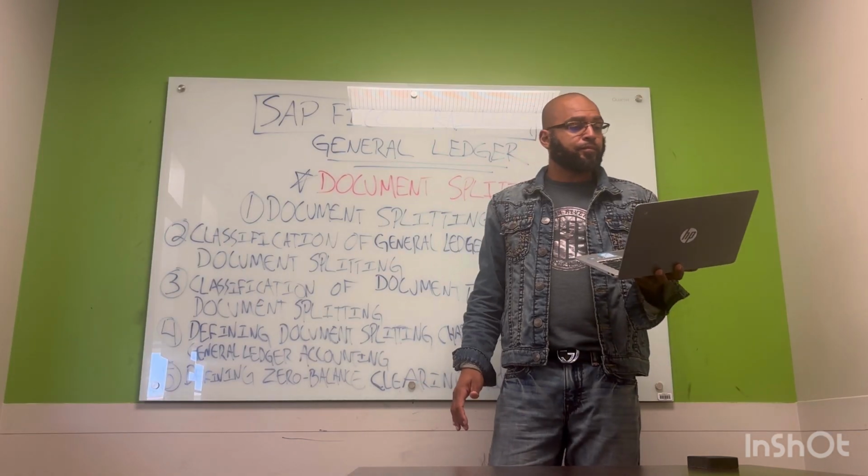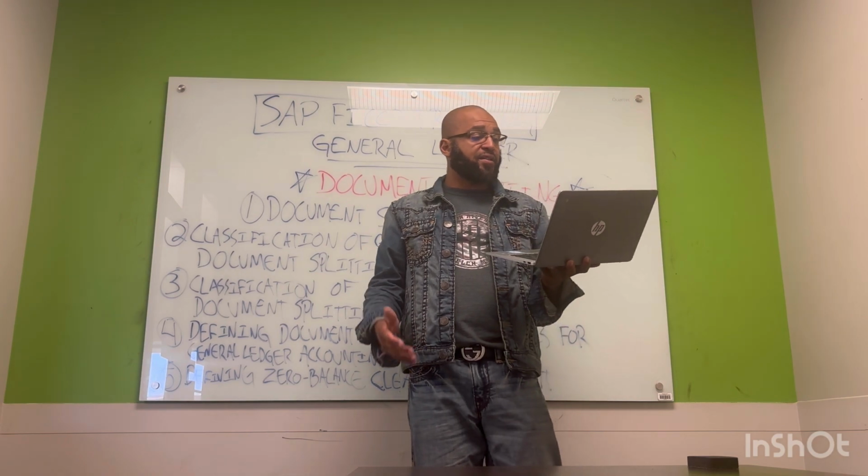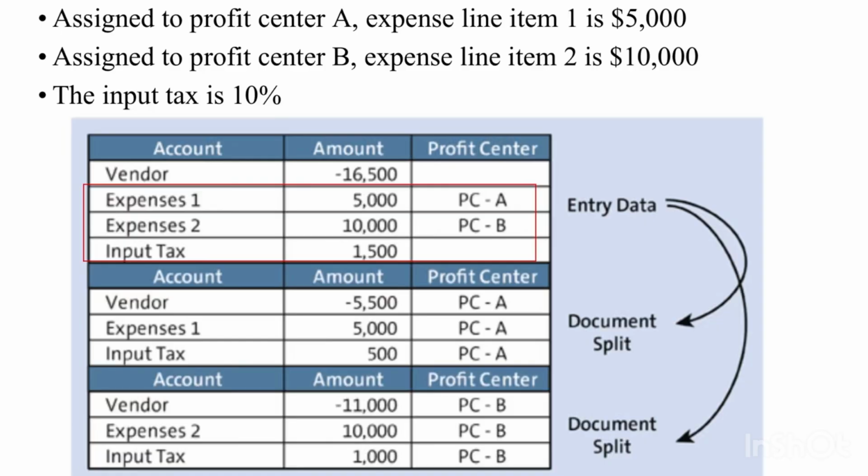Okay, so let's take a peek at this example. I have a visual here to help walk us through this. Note that assigned to profit center A, expense line item 1 is $5,000.